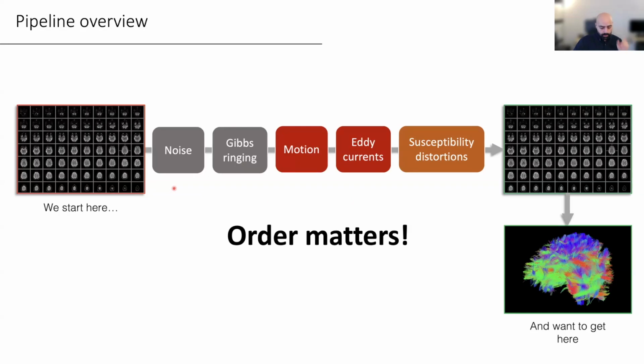This also is an important point for clinical studies. If you acquire data in a hospital setting or a clinical facility, many times the diffusion sequence is set up to acquire data, let's say, at a resolution of 2.5 millimeters in each direction. So you have 2.5 in X, Y, and then slice thickness of 2.5.